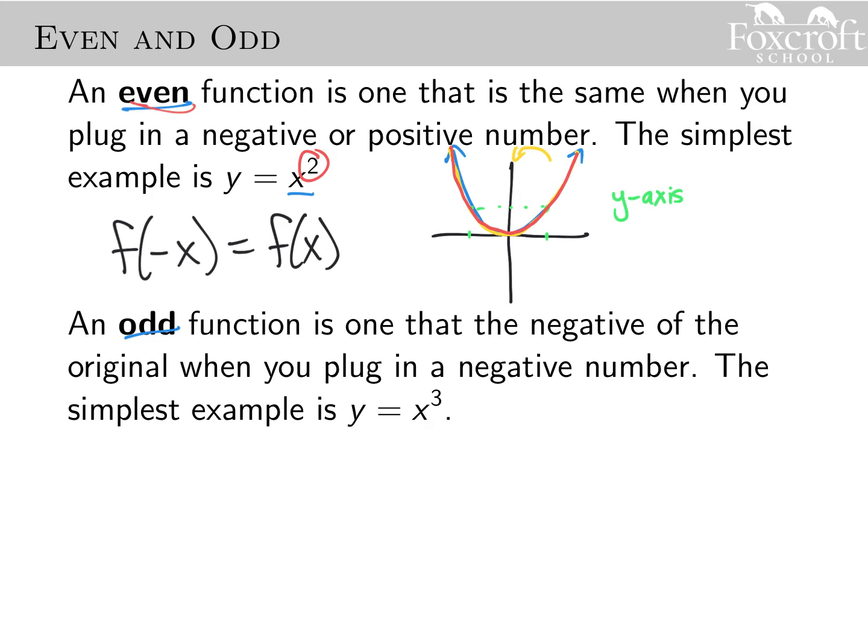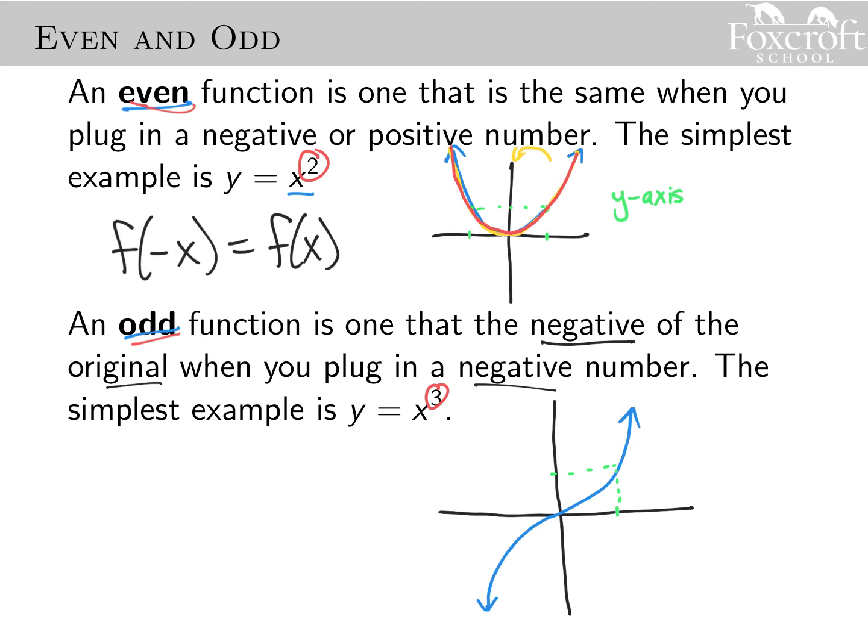All right, an odd function is similar, except when I plug in a negative number, I'm going to get the negative of the original. So let's look at our basic example again. Odd, x cubed is going to be our example because 3 is an odd number. So if you were to graph x cubed, you're going to see the graph looks like this. If I plug in this positive number here, I'm going to get out this number there. If I plug in this negative number, I'm going to get the negative of the y value I had up here.